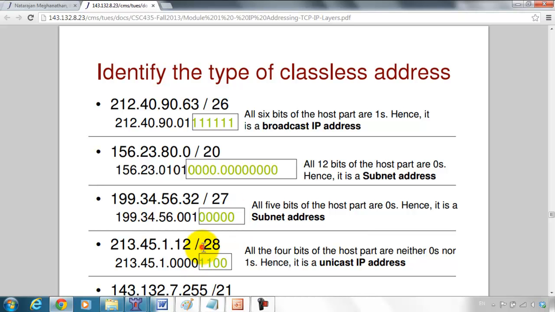Now 28, so 32 minus 28, 4 bits are used for the host part. Now this is 12. So the last 4 bits represent the host part, so they are neither all zeros nor all ones. So that's a simple unicast IP address.